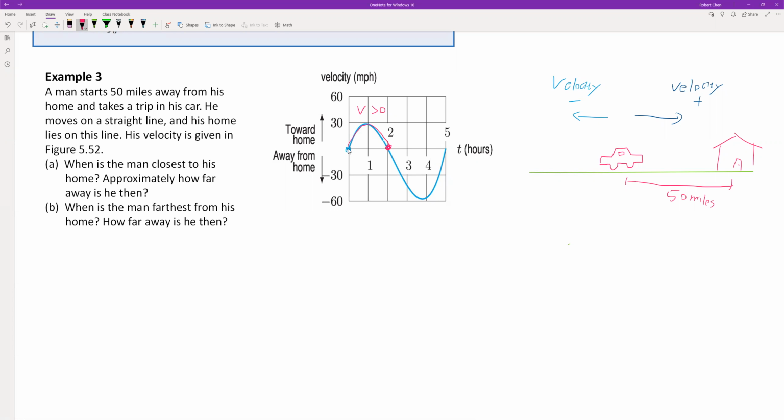After t equal to 2, the velocity is now negative. That means after 2 hours, he's going to turn the other way and start traveling away. So the time that this man is closest to home is when t is equal to 2.